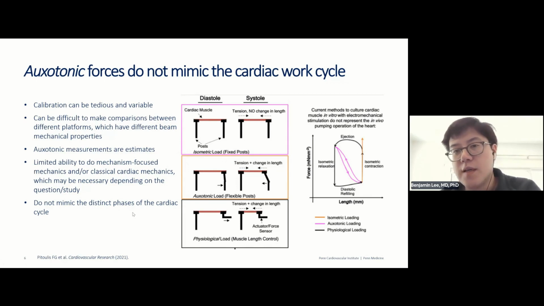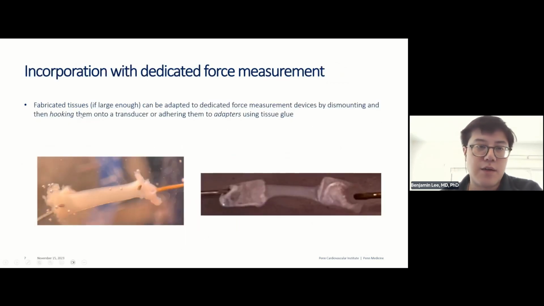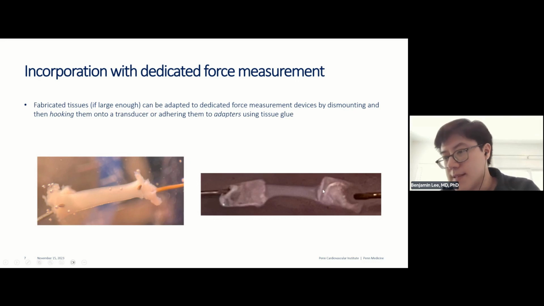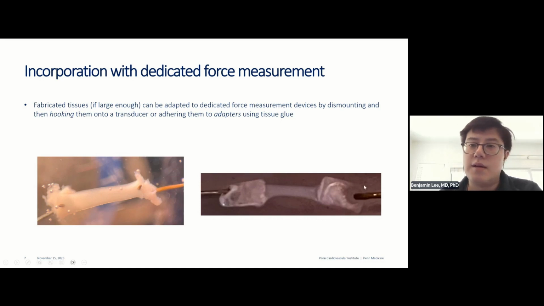And so, if your tissues are large enough, you can adapt them to setups such as the IonOptix one, simply by piercing your tissue with hooks, or, as with the slices, gluing them onto tissue adapters or tissue clips that you then place onto your hooks.